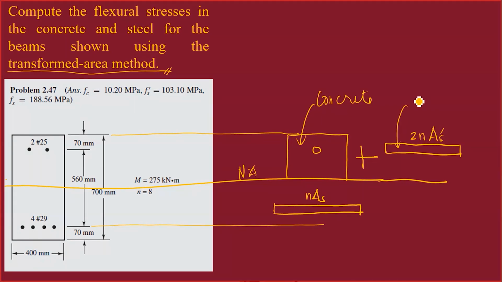Here is the steel in compression. The concrete has a hole there because that hole is occupied by the steel. Then the steel is converted into its equivalent concrete by multiplying it by twice the modular ratio, 2n. Okay, that's why you have here 2n As prime.